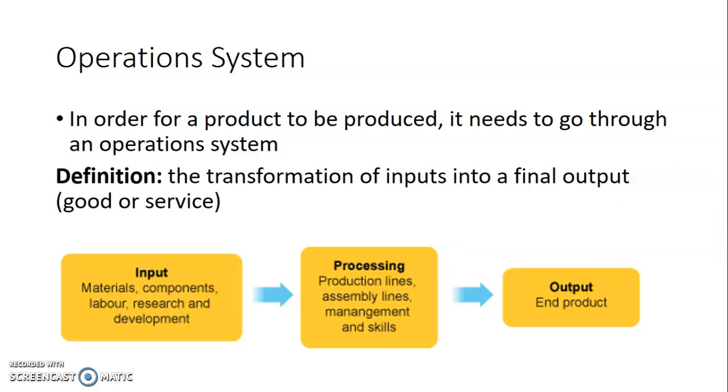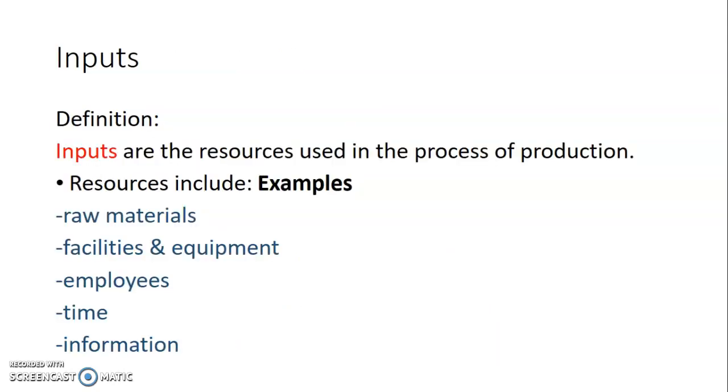So inputs are the materials and things that we need to make it. Processes are the steps that we go through to do it. Output is the product that goes to our customer. We're going to go through what each of these are, and hopefully you can start to put them into a few different examples of things that you see.